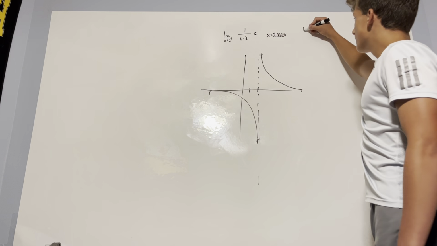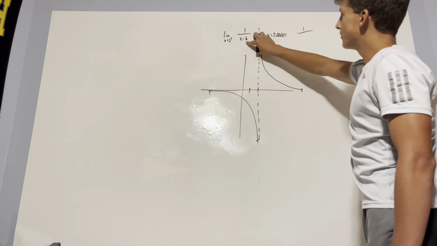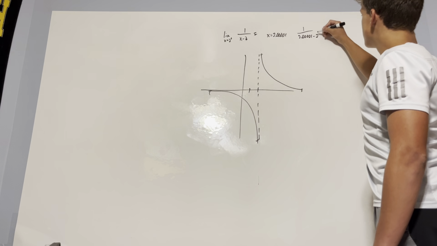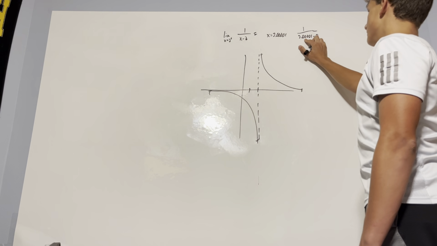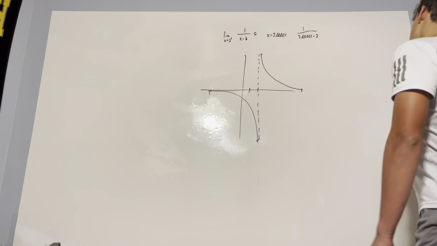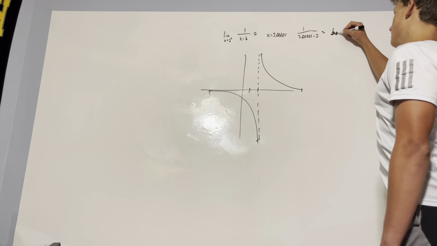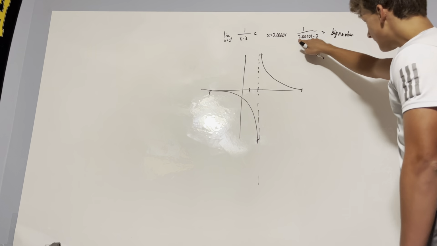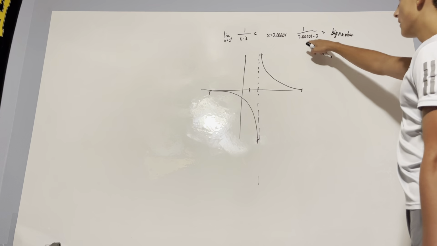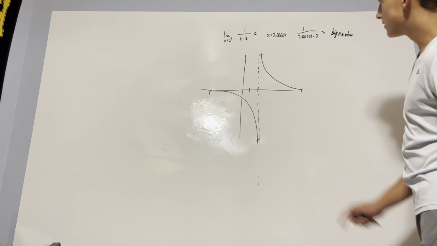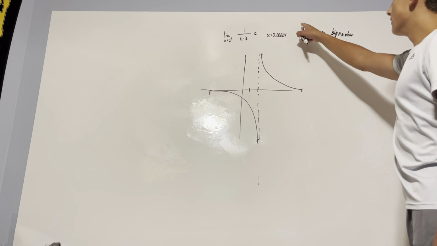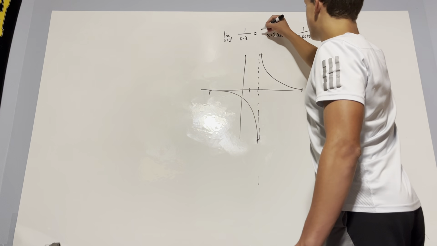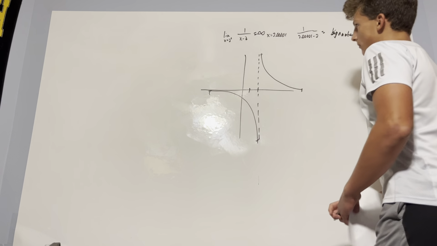If we put this in, 2.00001 minus 2, we get 1 over 0.00001, and that's going to be a big number. As this gets closer to 2, that denominator is going to get even smaller. It's going to be positive though, and 1 divided by an infinitely small positive number is going to be infinity. So therefore we can say that limit will be equivalent to infinity.